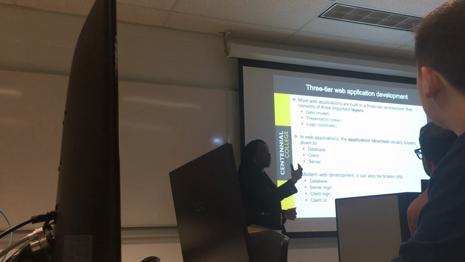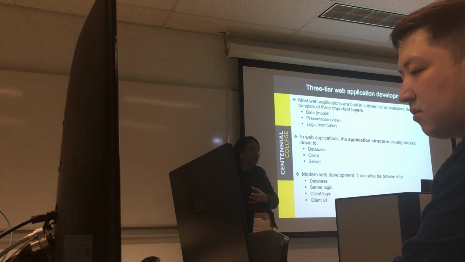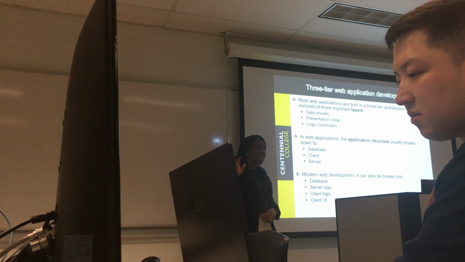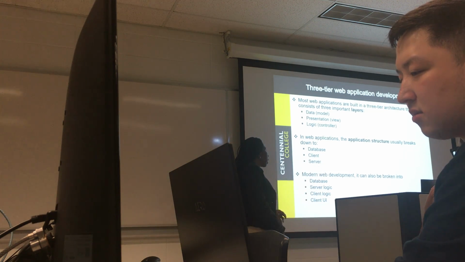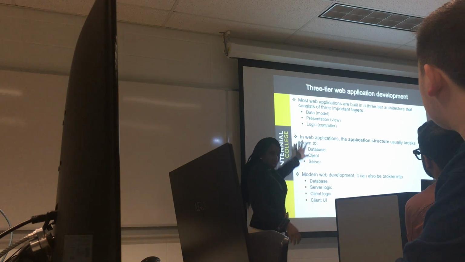So that is the client, the server, and the database. There has to be a connection between your front end and the server and your database, because all the entries eventually go into the database, and you need the client and the server to connect to be able to do that. So in a web application, the structure is usually this.